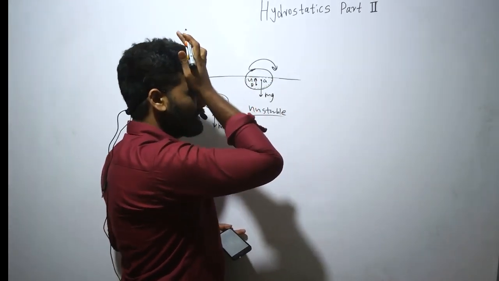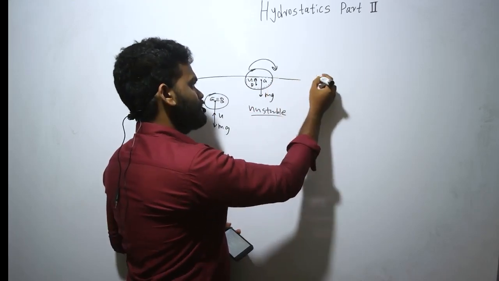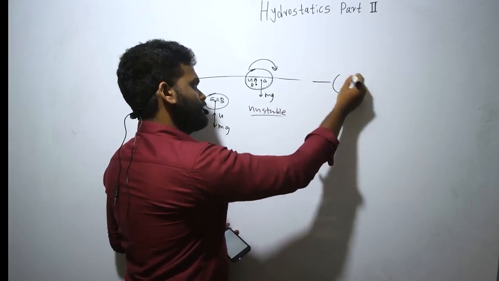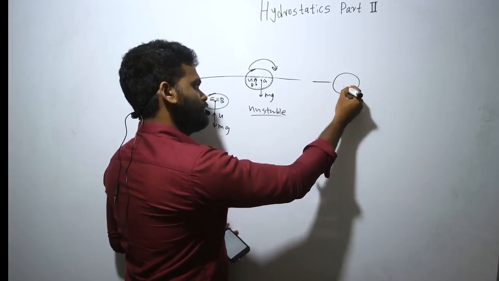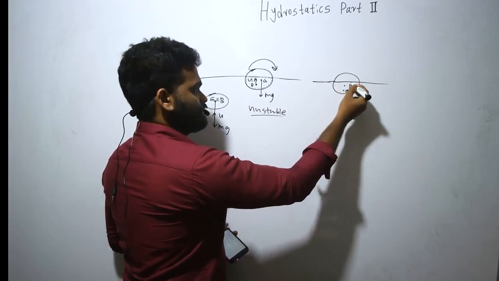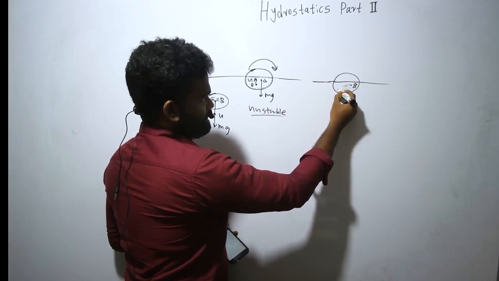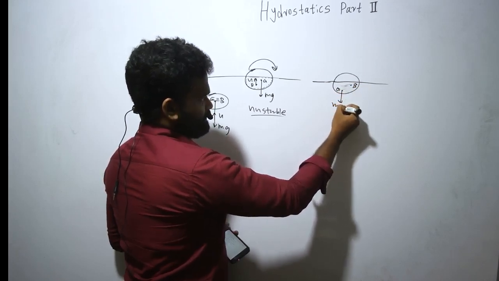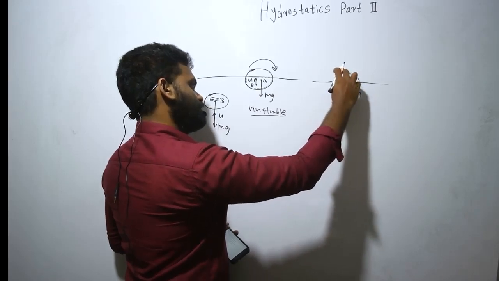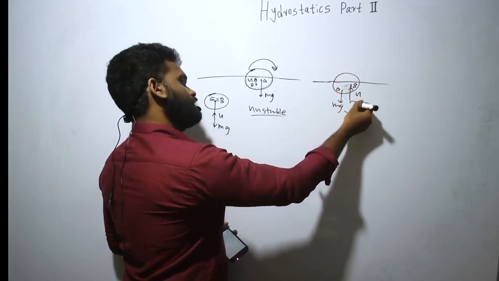Then think about another object, where G is below and B is above. What happens when you tilt that? B comes here, G comes here. So G is acting to this side, upthrust is acting upwards. When you tilt it to this side, there's a counter torque acting.